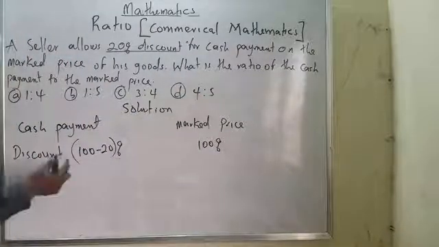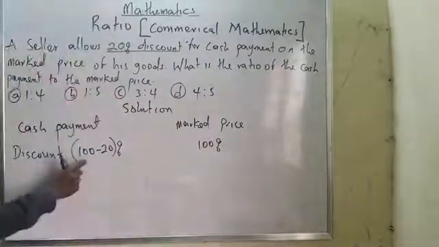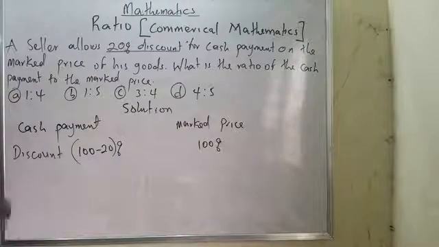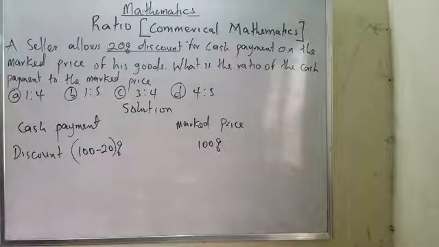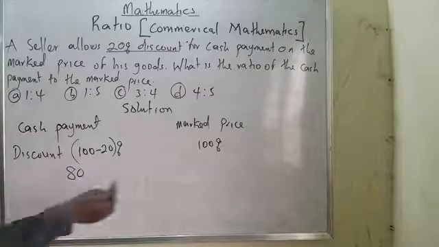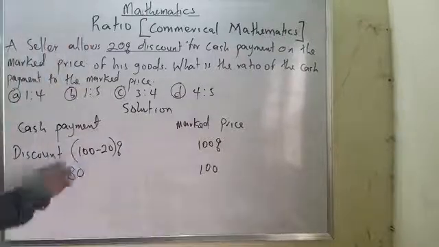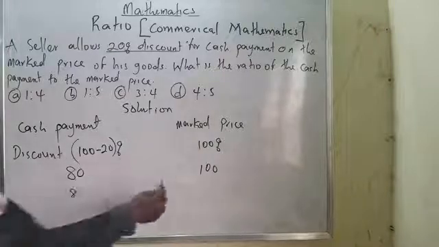This is the discount. It means the person selling has taken 20% off the normal price of the goods. So here we will have 80 and here will remain 100. When you minus 20, in terms of this, we will have 8 to 10.